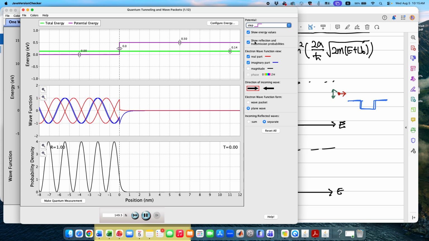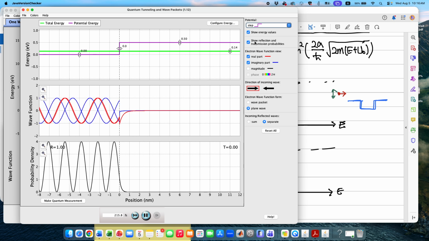But one strange thing you can notice is the probability density right after the wall. Look at this one. Obviously it's not going to be transmitted, and if it is a bulk scale object, it's not going to penetrate through the wall.